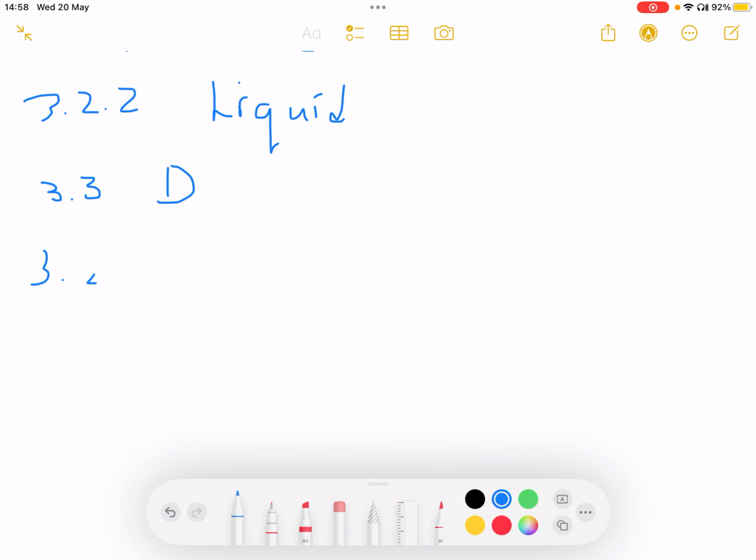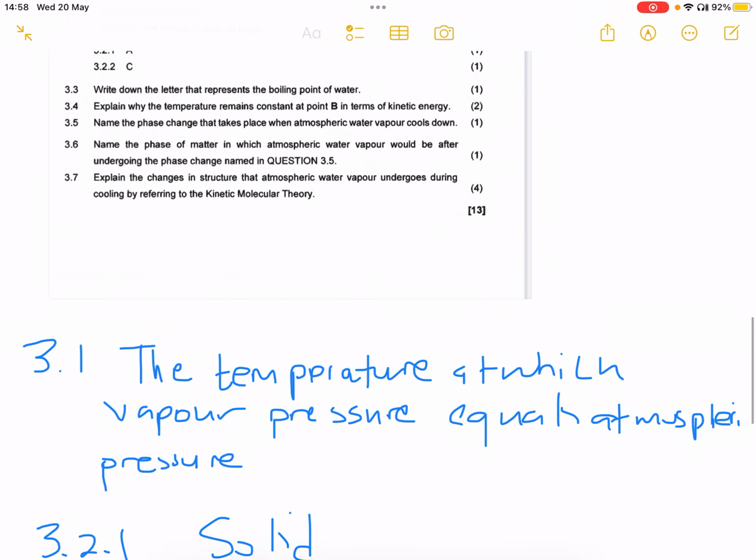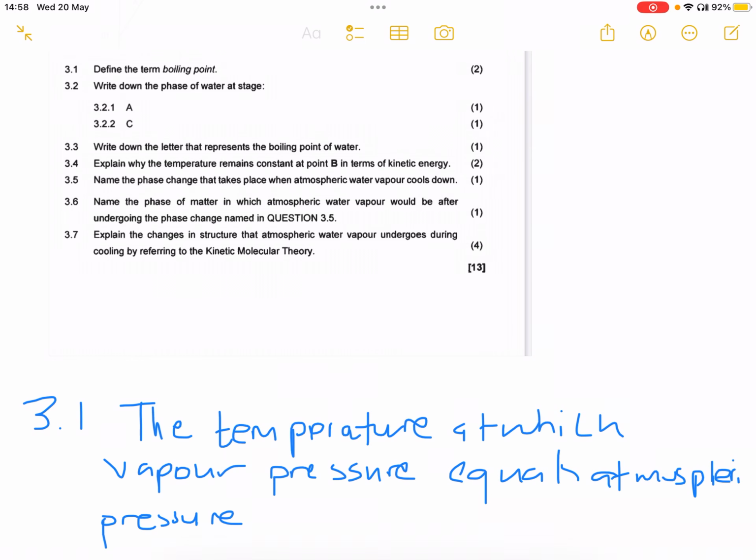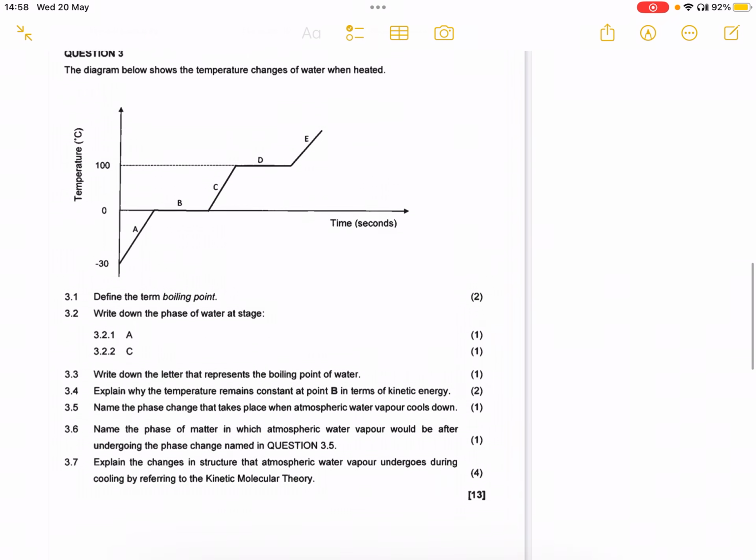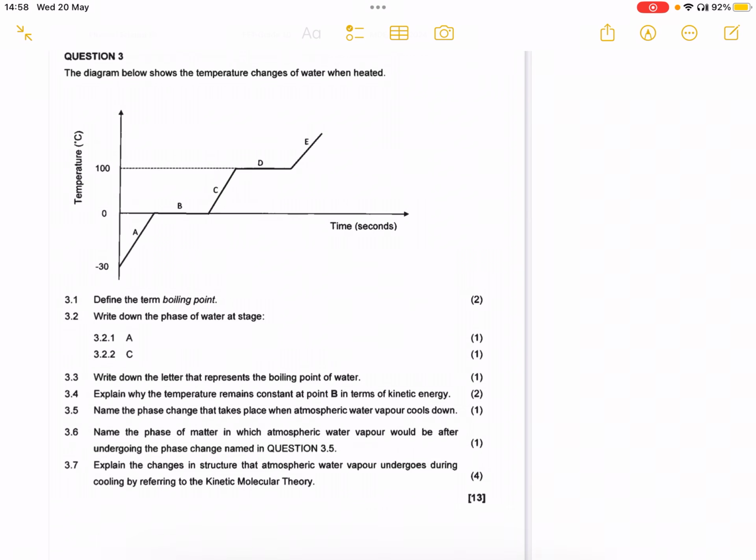Now 3.4 then further asks, explain why the temperature remains constant at point B in terms of kinetic energy. So you have to explain and also incorporate the use of kinetic energy. Now, what is happening in point B?